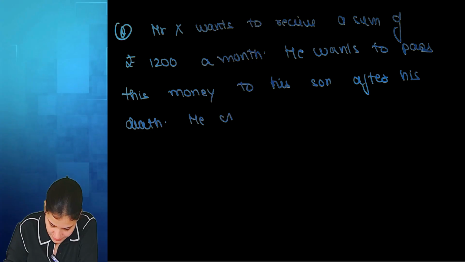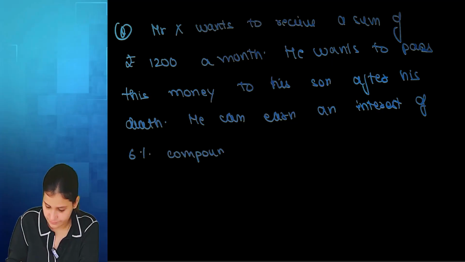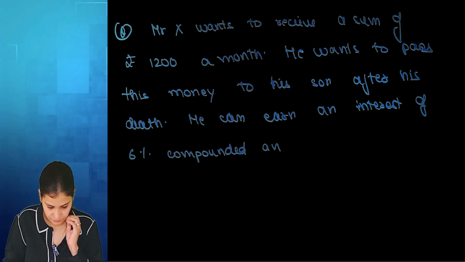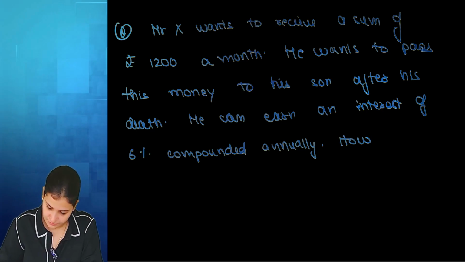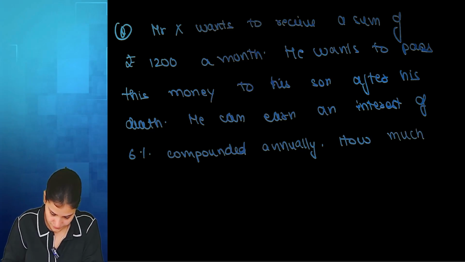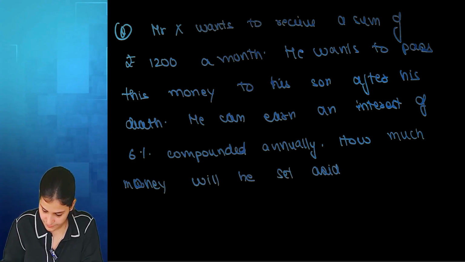He can earn an interest of 6% compounded annually. How much money will he set aside to achieve his perpetuity goal?